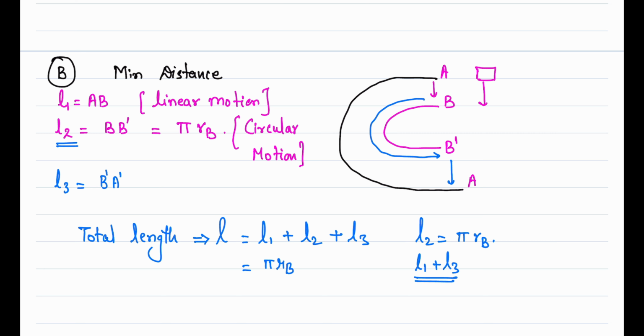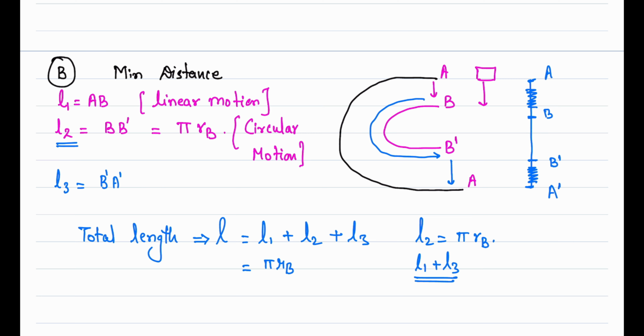Okay. Now can I say this value? This is something very, very interesting. Okay. I have this total length. What is this total length? Can I say this is A dash? Okay. So this is your B dash, this is your B. So this length AB and this length B dash A dash, both are same?